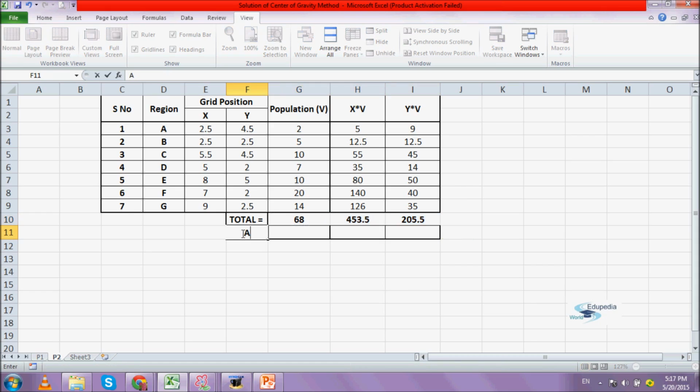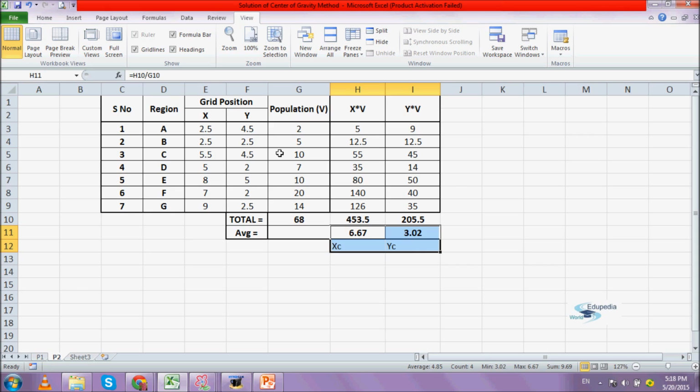Coming to the average, XC is 6.67 and YC will be equal to 3.02. So my most suitable location for this problem is 6.67 and 3.02. This is my XC and this is my YC value.